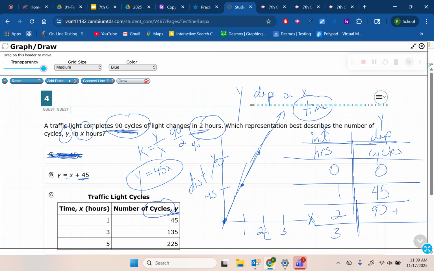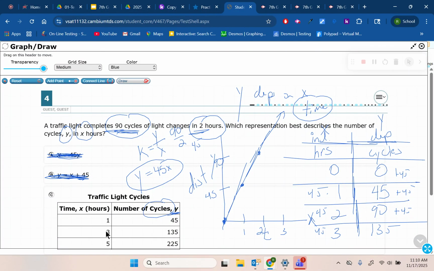Well, add 45 to this guy here, because you're always adding 45. Plus 45, plus 45. That's where the confusion happens with this one. It's not that, because you're multiplying 1 times 45. So it's 45 times 2, 45 times 3. Work it out. You're going to get 135.